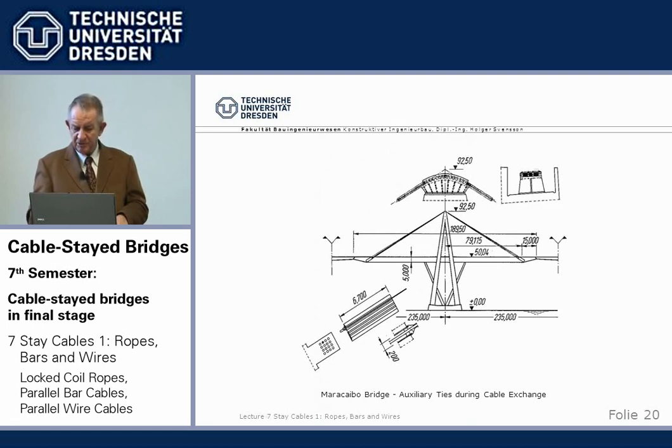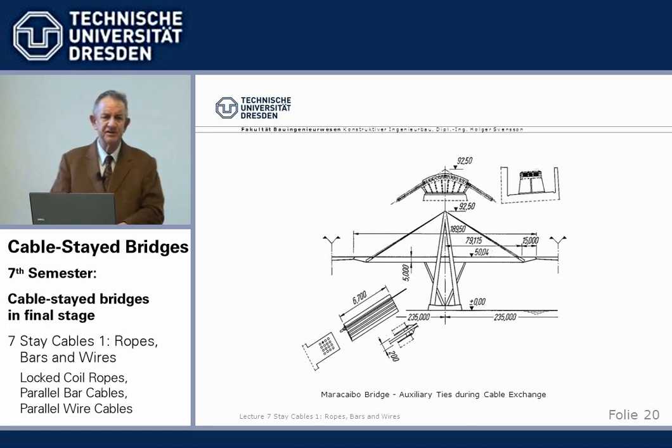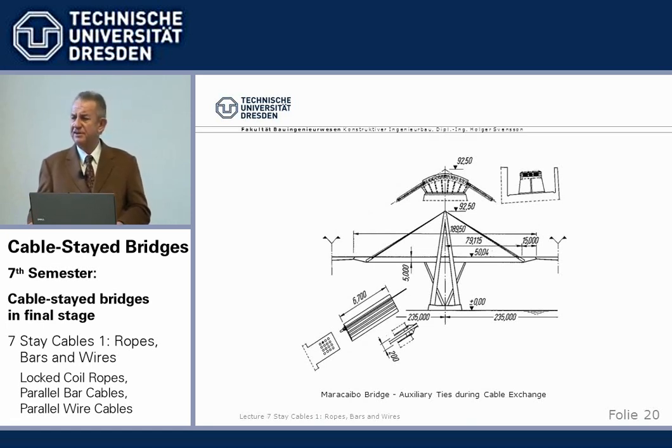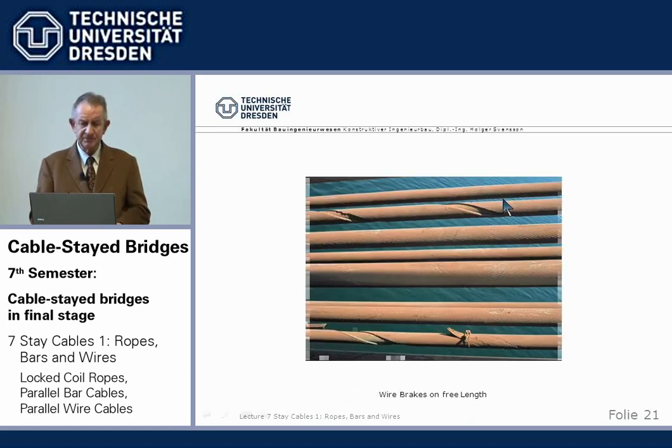Another example, Maracaibo Bridge, we'll see that later in a series of cable-stayed bridges in Venezuela. A big bridge built already in the 60s by Morandi, it used locked coil ropes with a saddle here on top, and there were many wire breaks. Several reasons.